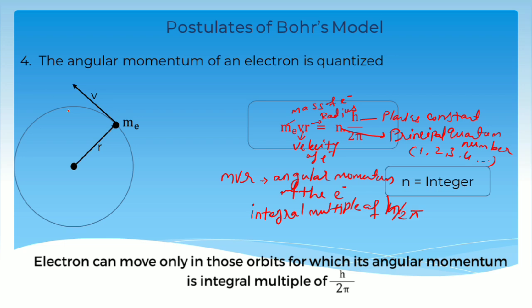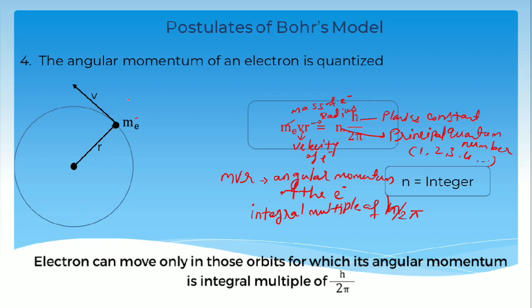So here you can see this diagram. What this figure says is the electron of mass me is moving with velocity v. The distance from the nucleus to the electron is r.